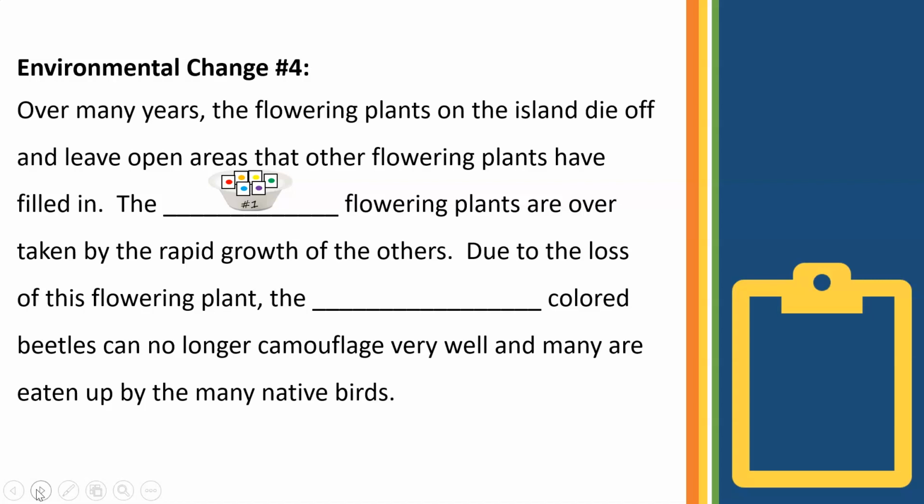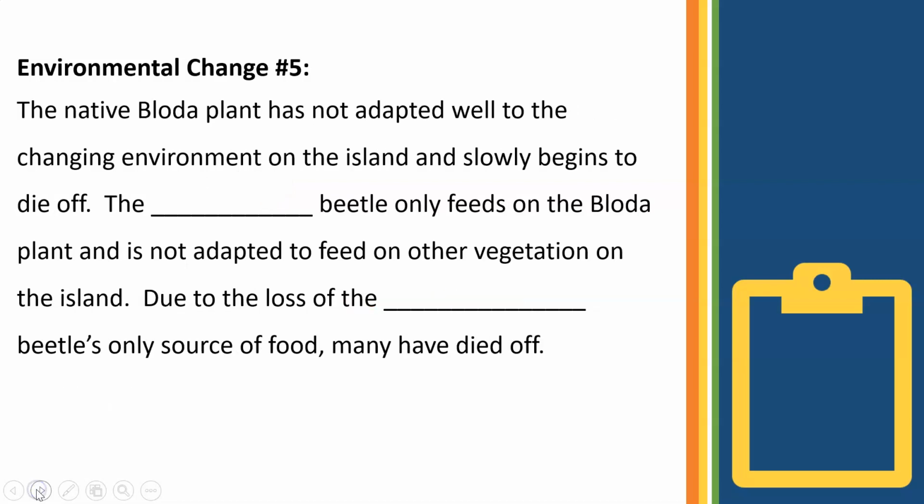And now that we lost this flowering plant, well, that colored beetle can no longer camouflage, and they get eaten up by the native birds. So take all those colored beetles out of the big Beetle Island, out of bowl 3. Beetle Island just has no luck.